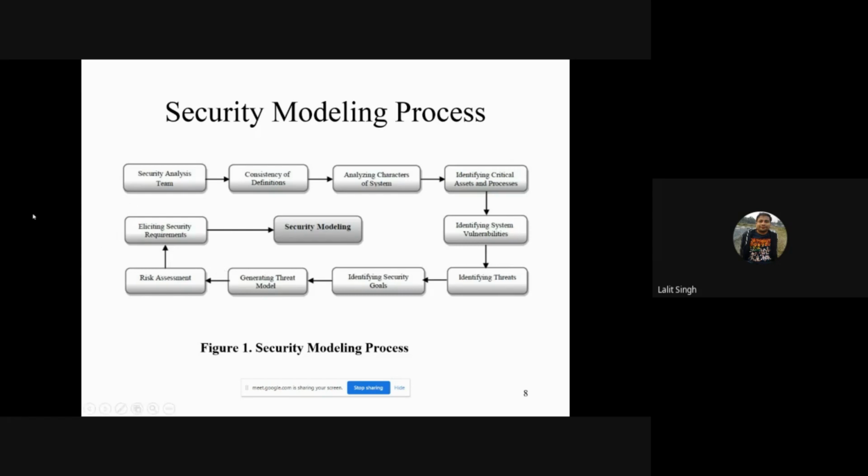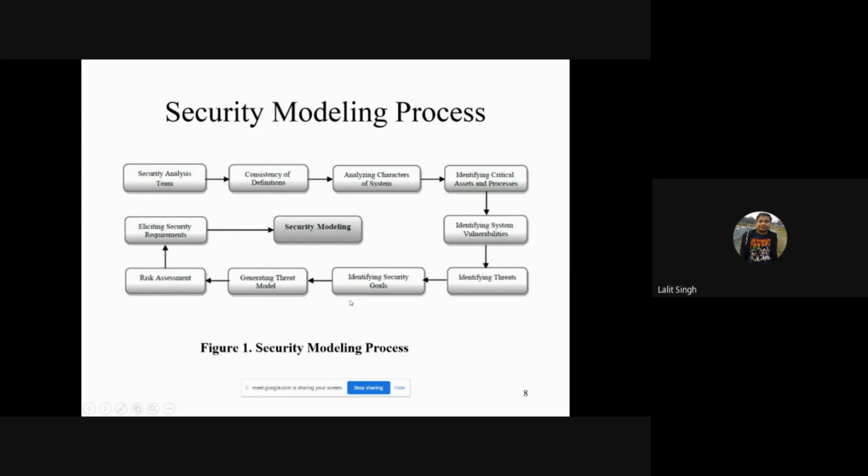This is a very critical phase that you need to do, especially if you are dealing with safety critical systems where you cannot take it like normal systems. And then after that, you have to create a document based on this information. You have to create a document of security requirements, so eliciting security requirements, and then you can go for the security modeling.